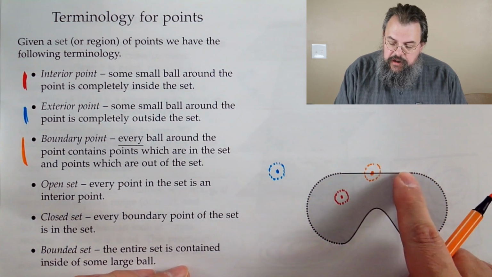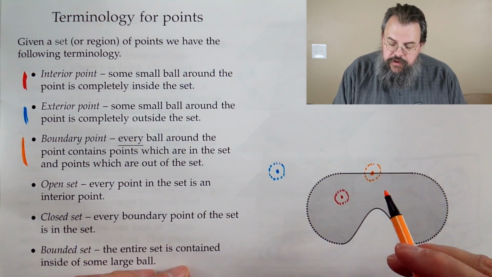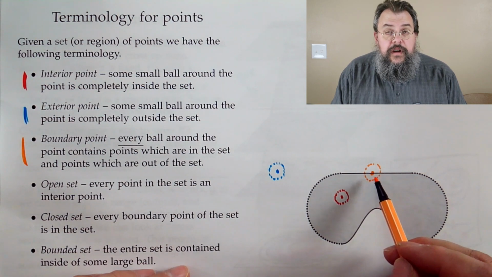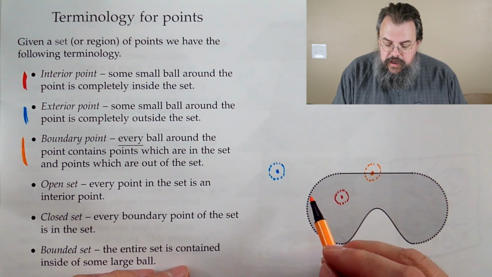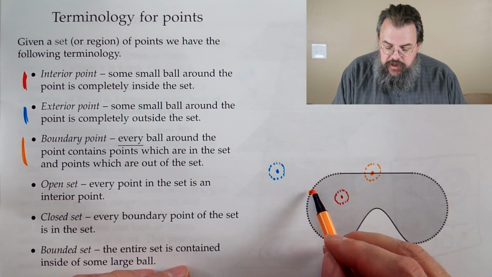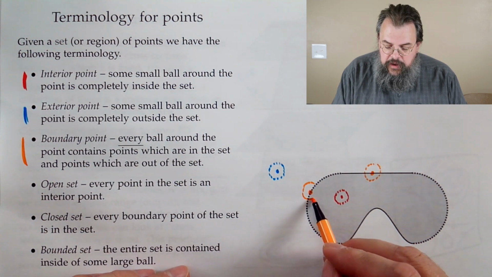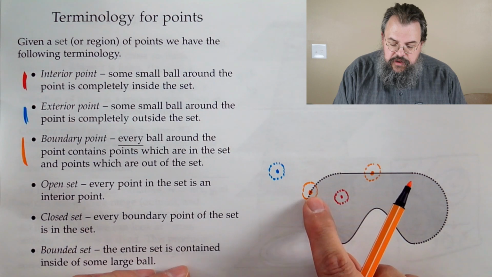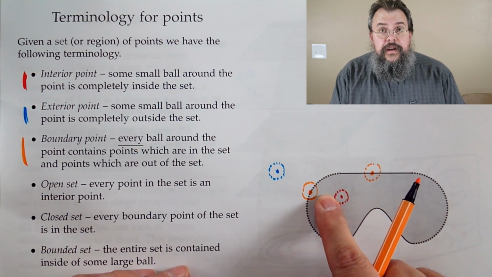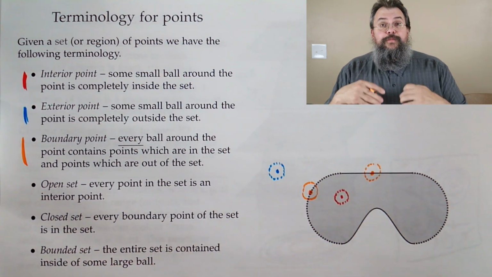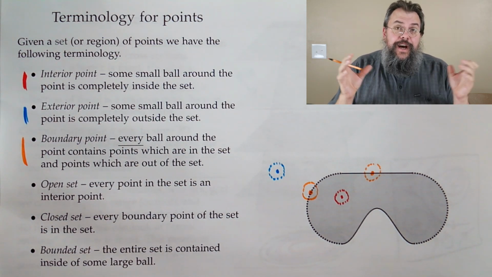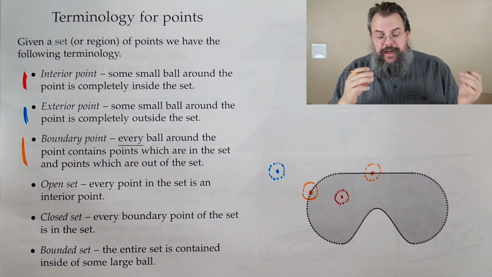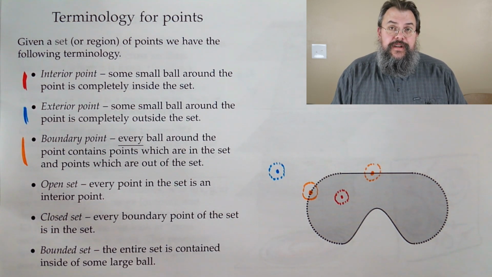So, for example, here, if I draw a circle, no matter how small I draw that circle, there are some points on the bottom that are in, there's points on the top. Now, you'll note I can do something similar over here. No matter how small a circle I draw, there's points that are in, there's points that are out. So boundary points don't have to be in your set. They don't have to not be in your set. They may or may not be in your set. So that's something to keep in mind.